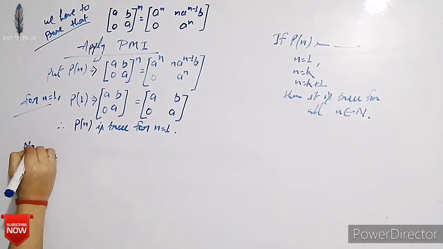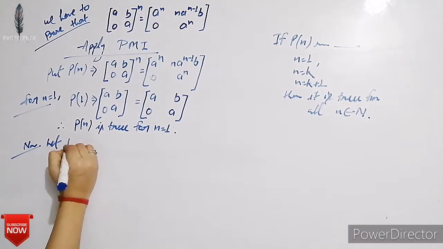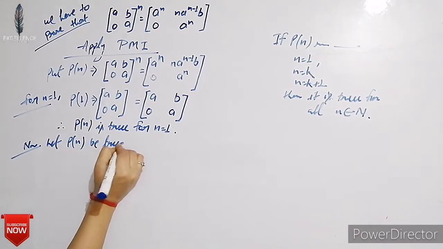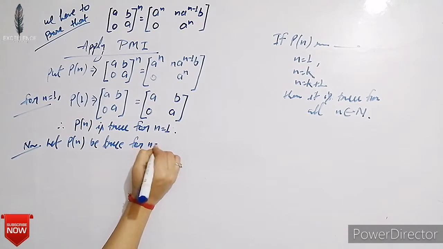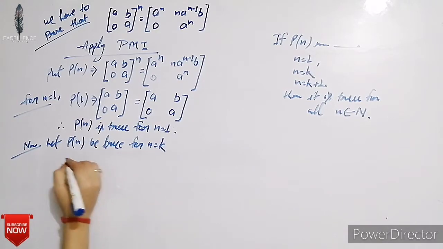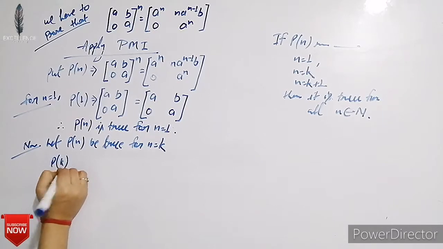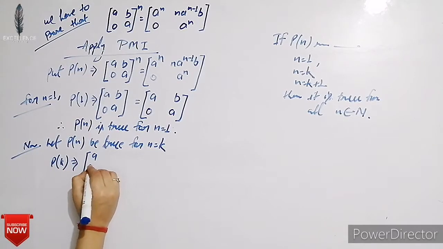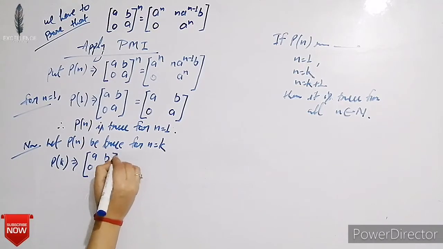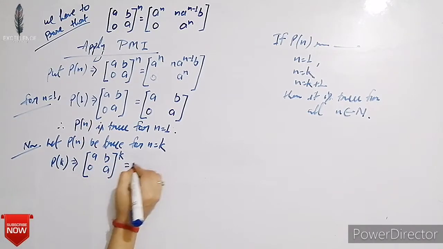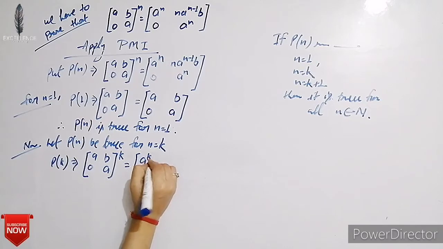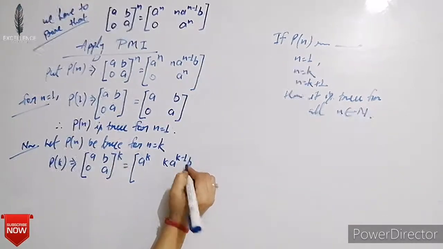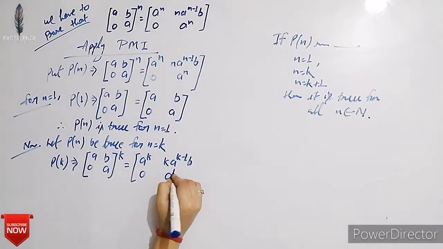Now let P of n be true for n equals to k. So P of k is [a 0; b a] raised to k is equals to [a^k 0; k a^(k-1) b a^k].